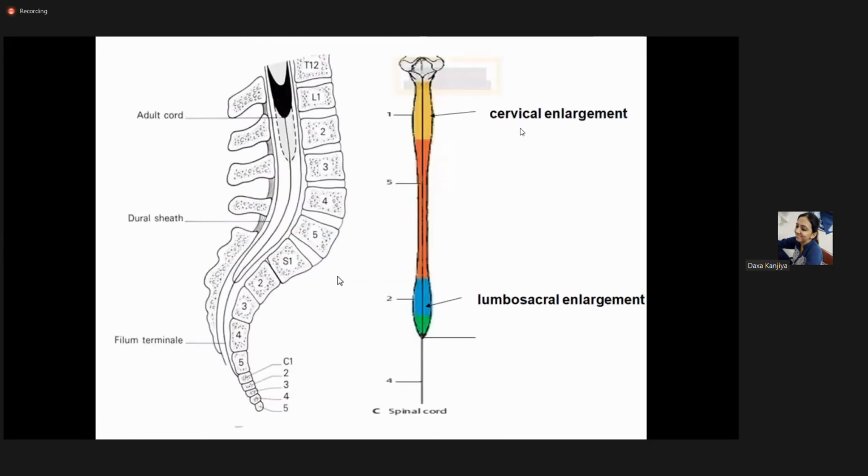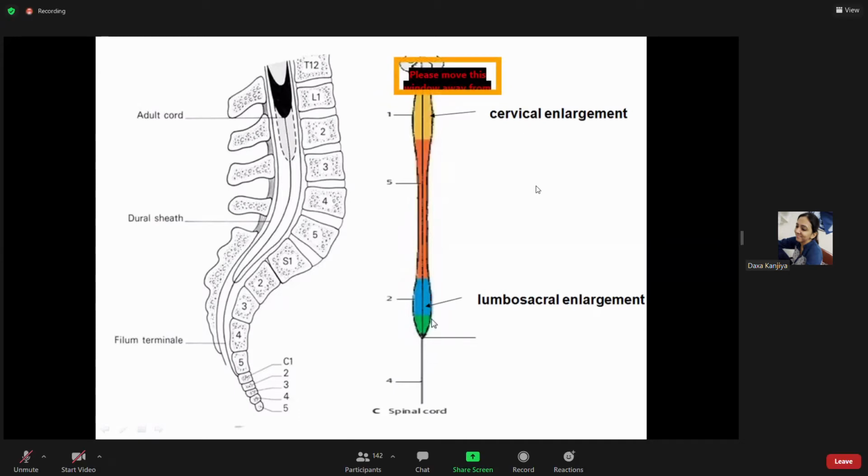Now, what is the filum terminale? If you remember, the lower end of the spinal cord in an adult ends at the lower border of the L1 vertebra. And this lower end is called the conus medullaris.